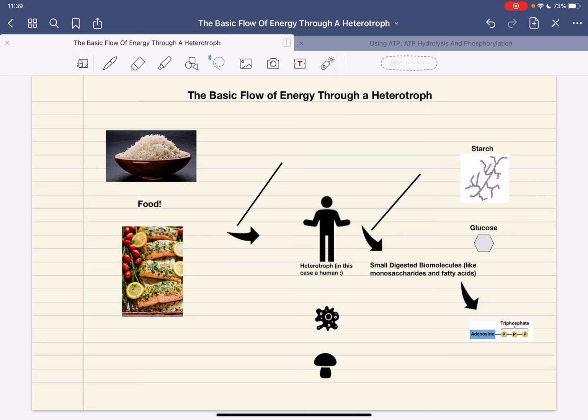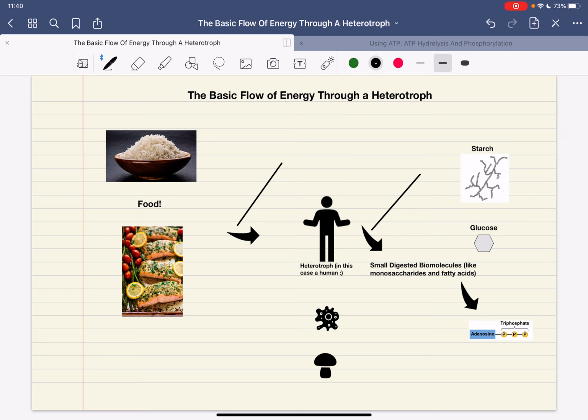So here in this case, we have a human, an example obviously of an animal, but remember that heterotrophs also include single-celled protists that eat, like for instance an amoeba, and also funguses like a mushroom. And understand that our whole goal is to understand where heterotrophs get their energy to do things.